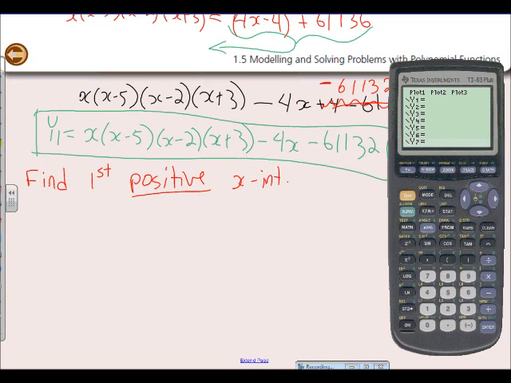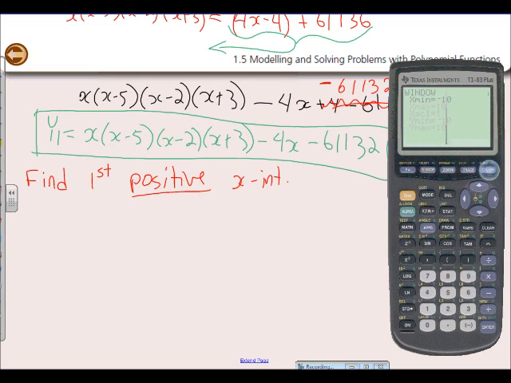All right, let's plug it into the y. So we've got x bracket x minus 5 bracket x minus 2 bracket x plus 3, and then minus 4x minus 61132. All right, well, let's look at what the window is set at.